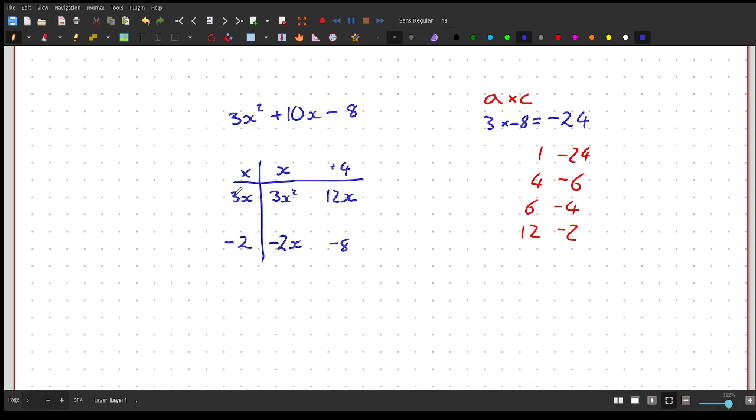Check you've got that right. 3x times x is 3x squared, 3x times 4 is 12x, x times negative 2 is negative 2x, and negative 2 times 4 is negative 8. And all we need to do is write that in the brackets. You see our first bracket came from this column and our second bracket came from the top.